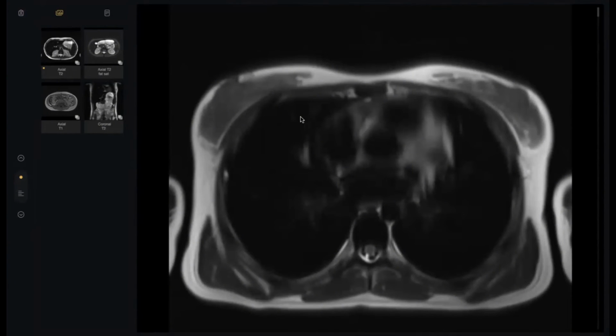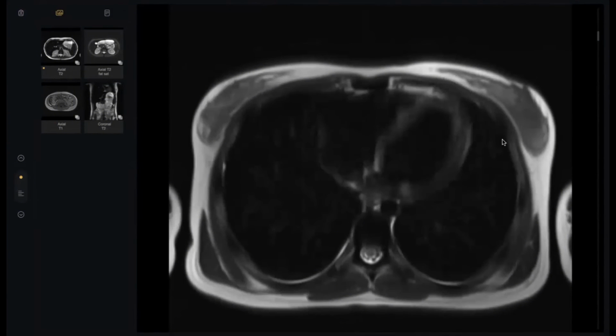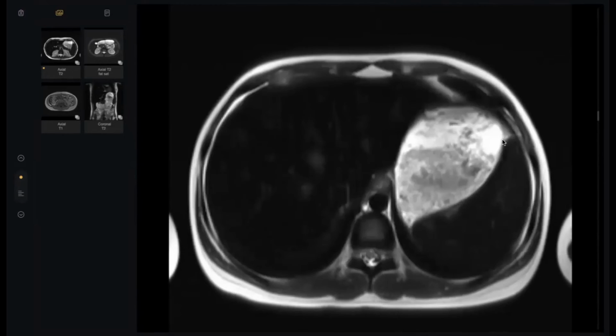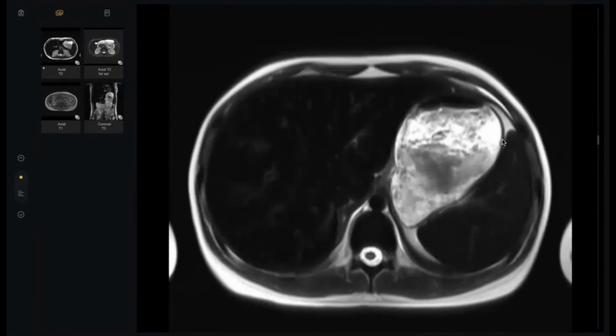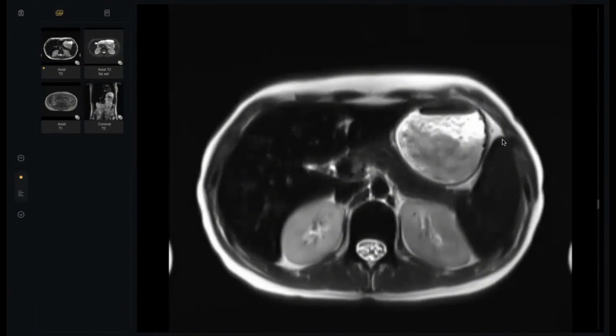This patient is a young 13-year-old female presenting with abdominal pain. I am presented with axial cuts of an MRI study of the abdomen, T2 weighted images, in a patient complaining of abdominal pain.